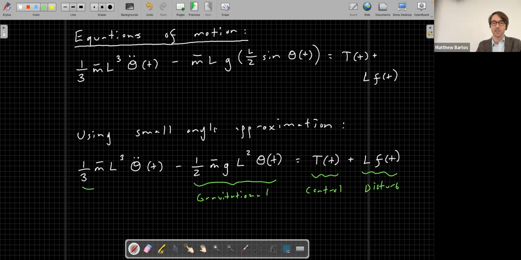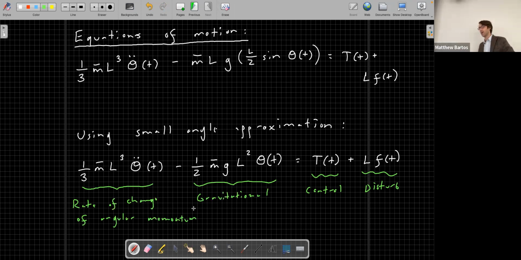And this corresponds to the rate of change of angular momentum. Okay, so these are the full equations of motion that describe the motion of the Segway scooter, except that we have linearized them around the vertical position. And this will make it easier to analyze.